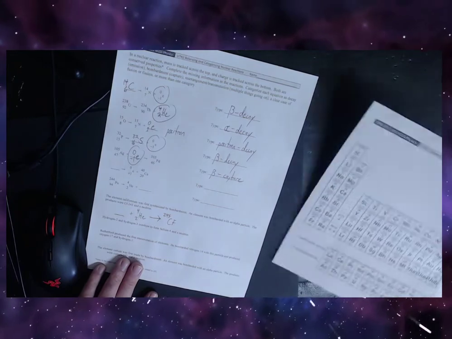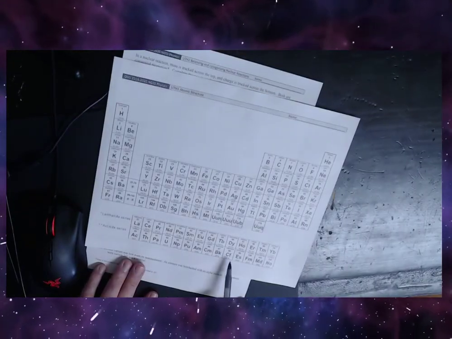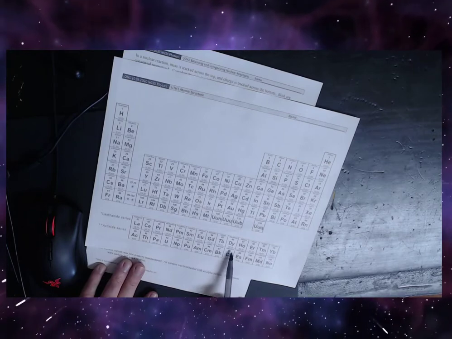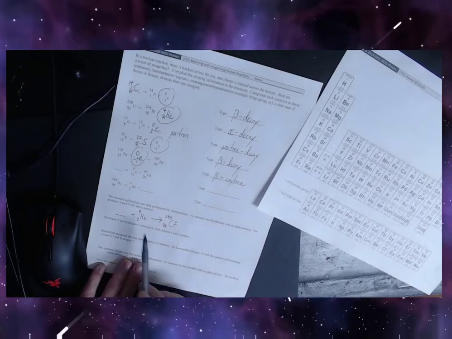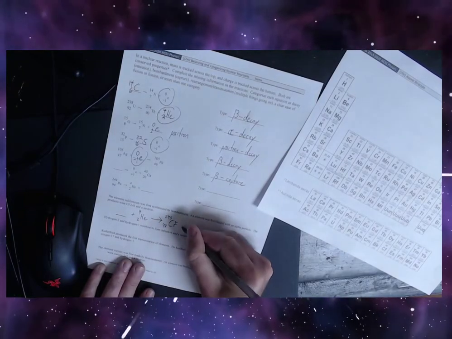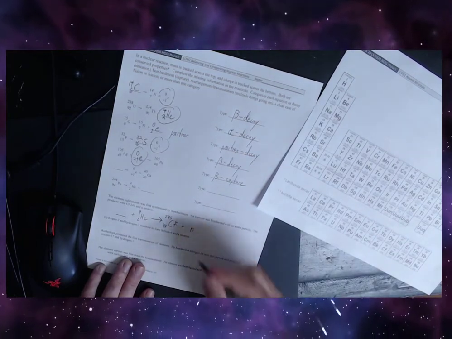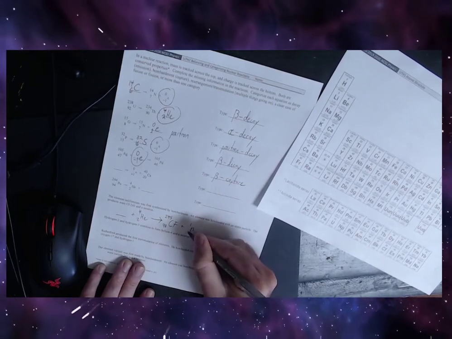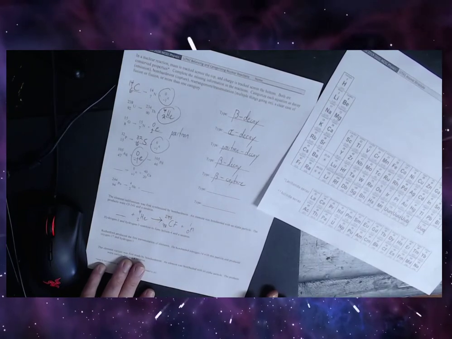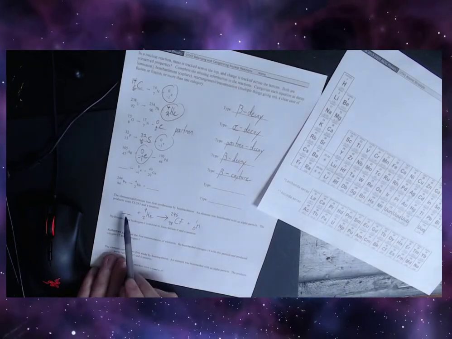I'm going to go on my periodic table and find that weird thing called californium. Where is it? Oh, right here. It has an atomic number of 98. So I'm going to put 98 down at the bottom here. And then it's also saying and a neutron. So for a neutron, I'm going to use the symbol N. It does have mass. It's one of the things that makes the nucleus heavy, but it does not have charge. Okay, now we can back solve whatever this thing is.